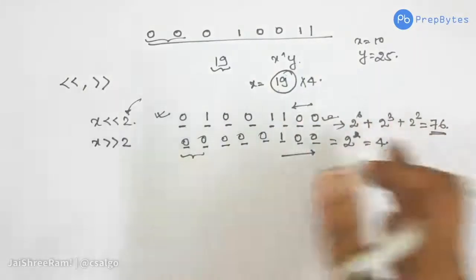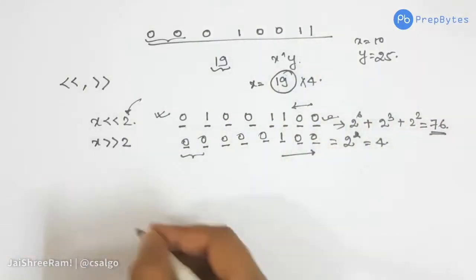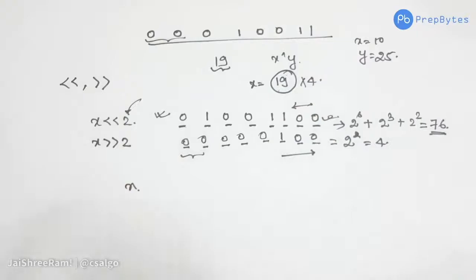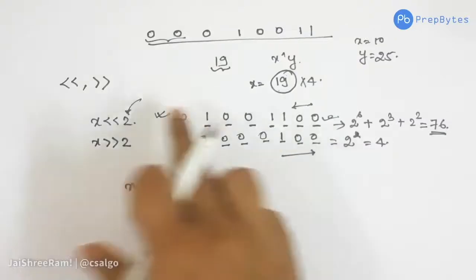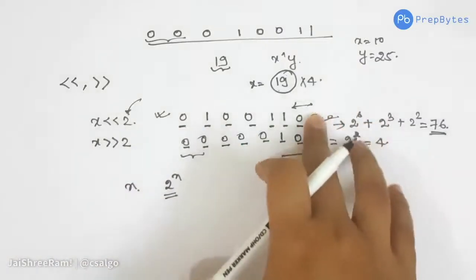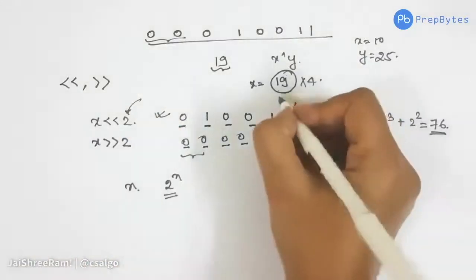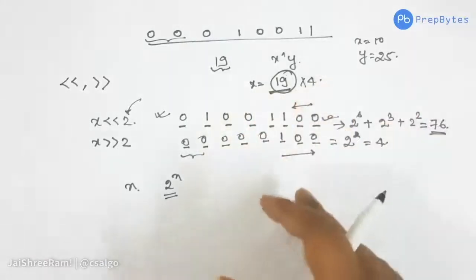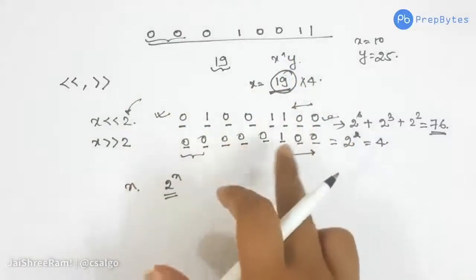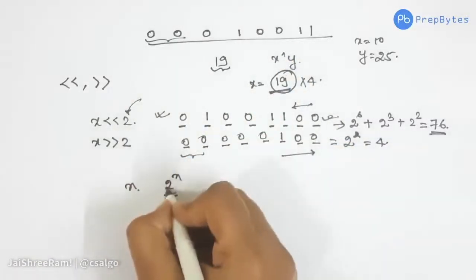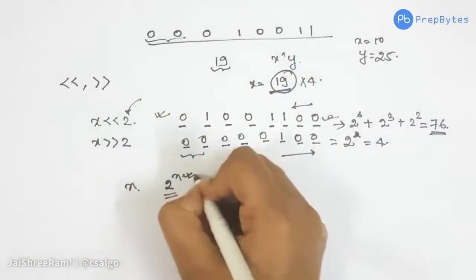Whenever we shift the values by n positions, the resultant is always going to be multiplied by 2 to the power n. So in the case of left shifting, whatever value we left shift, the resultant value gets multiplied by 2 to the power n, where n is the number of shifts.